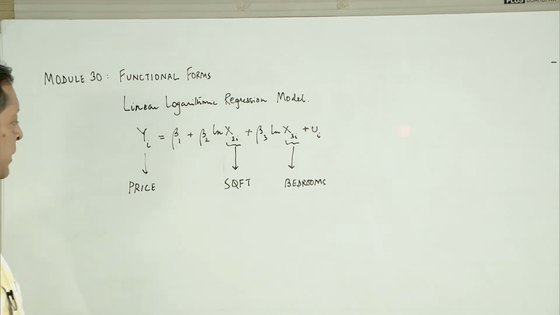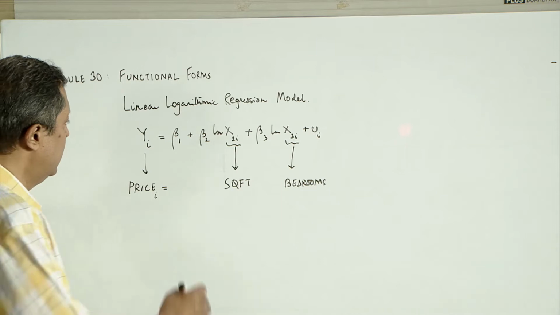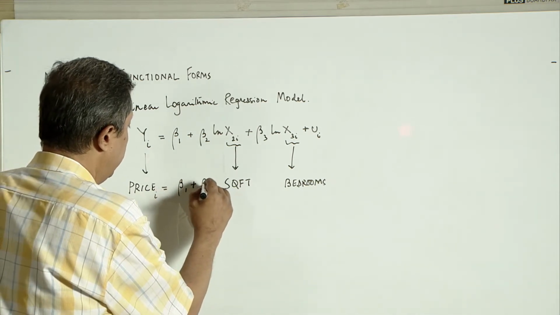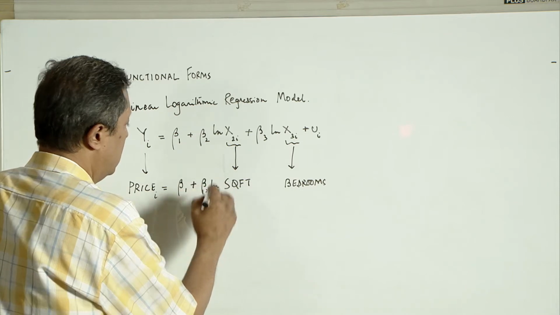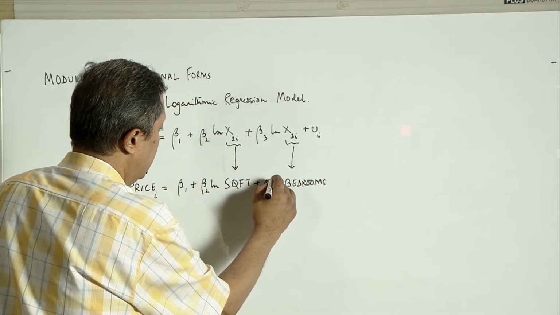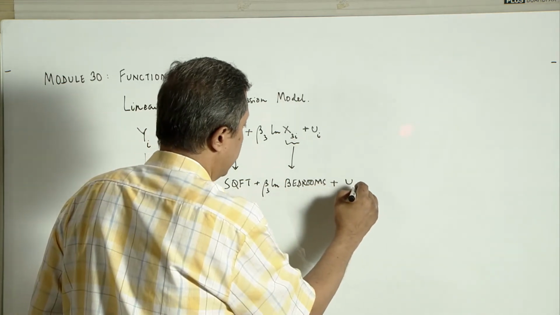So, our model is basically price of the ith observation is equal to beta 1 plus beta 2 log of the square feet plus beta 3 log of the number of bedrooms plus ui.